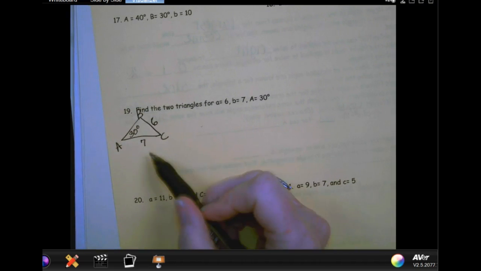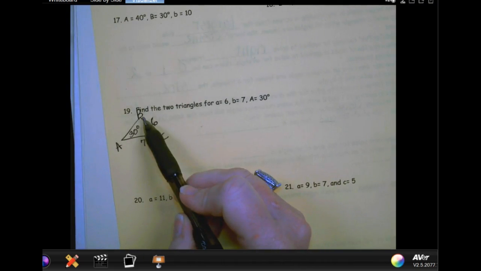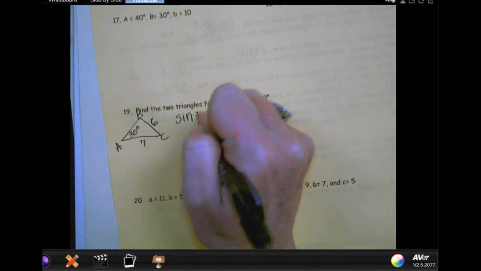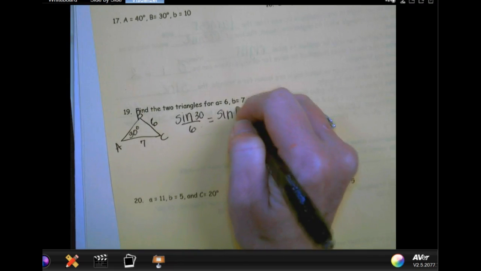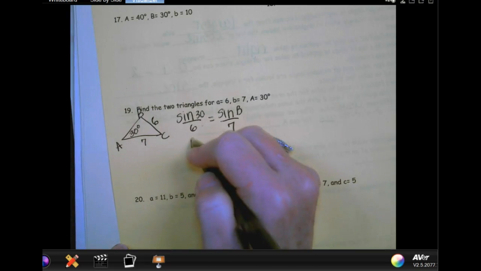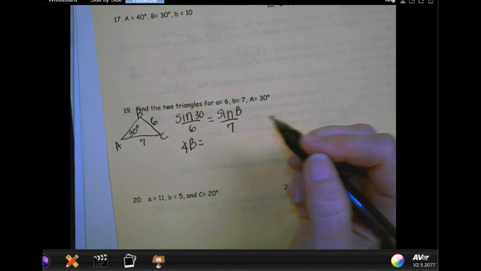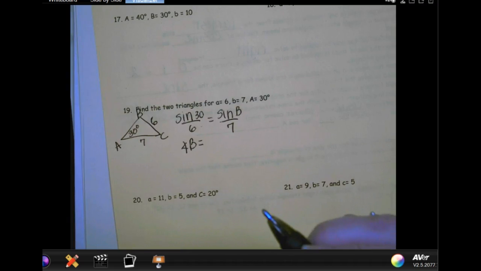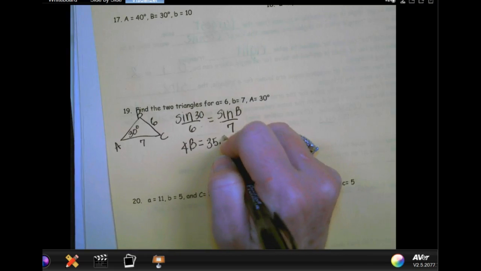Okay, so I can for sure do the sine of 30 over 6, right? And that's going to equal the sine of B over 7. And when you cross multiply, we get angle B is going to equal 35.685.